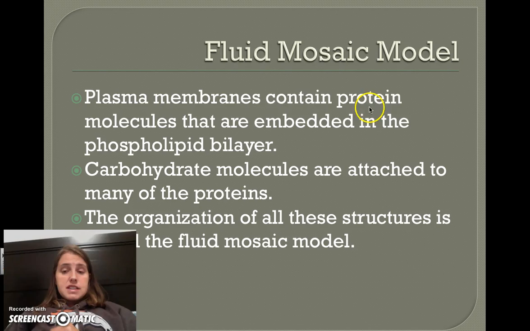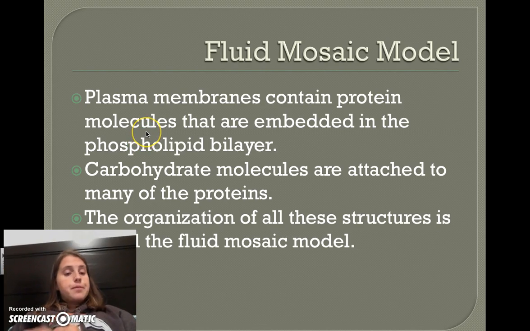So the plasma membrane contains protein molecules, and these protein molecules are used for a variety of things, like transport, which we'll talk about next unit. That's how we maintain homeostasis. They're also used for signaling, meaning how do you know that all the cells in your body are actually your cells? This is basically how the immune system works.